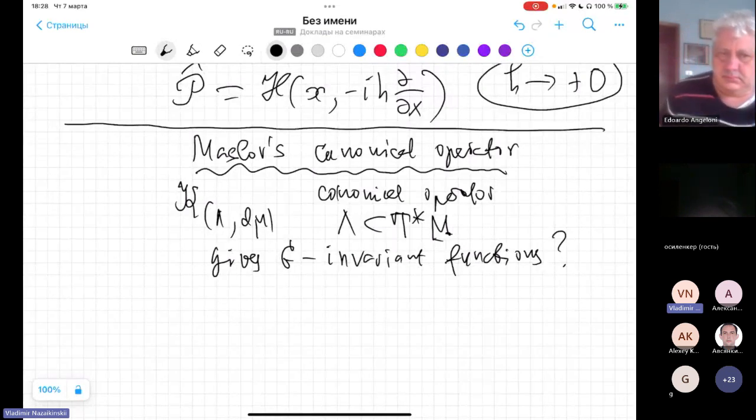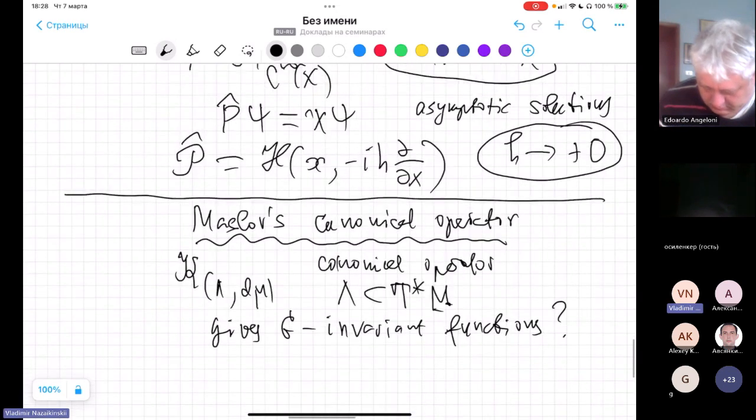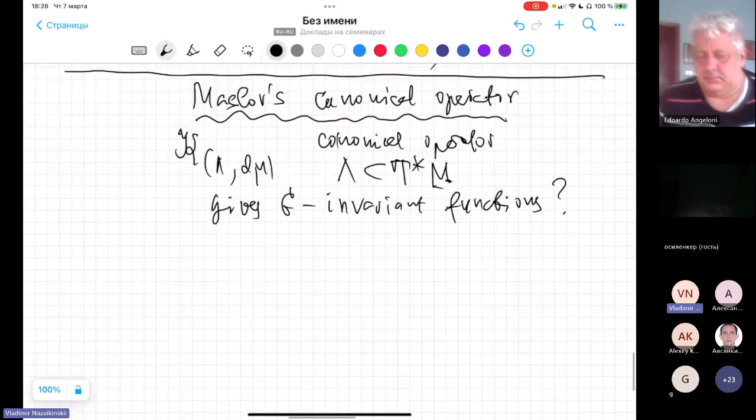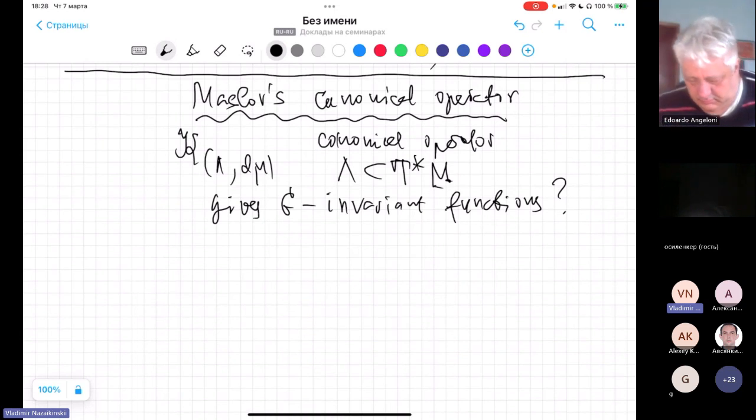If we can construct a canonical operator which gives G invariant functions, then we can use it to obtain asymptotic solutions of our equations on X as follows. We construct asymptotic solutions on M. These solutions will be G invariant, and hence they will define asymptotic solutions of the equation on the quotient manifold.